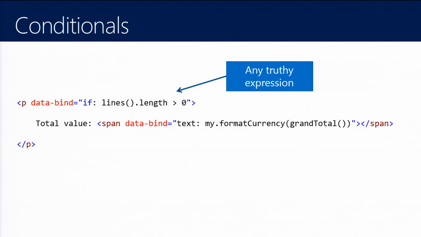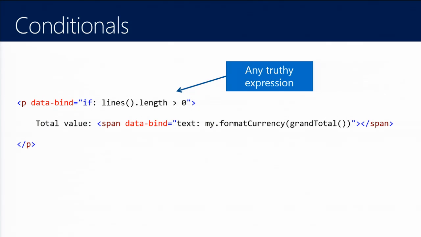So what happens is the browser will not even render the code in between there. And then when the line's length changes, it will re-render it. This you have to be careful of. If the line's length was going to change a lot in your application, this would be inefficient. Because if you're going to add and remove, every time that that expression changes from true to false, it's going to add or remove parts of the elements from the DOM.